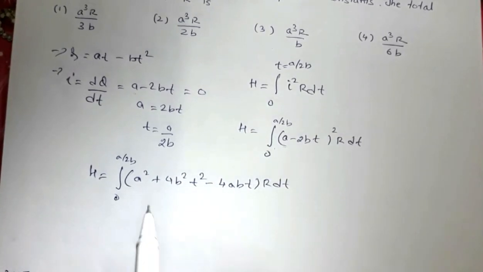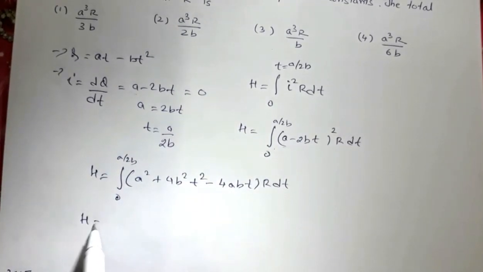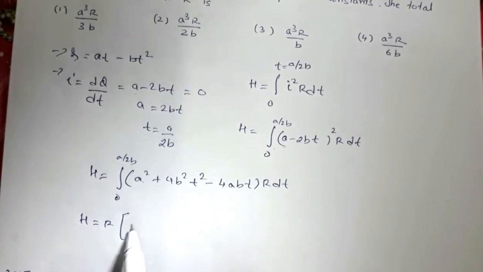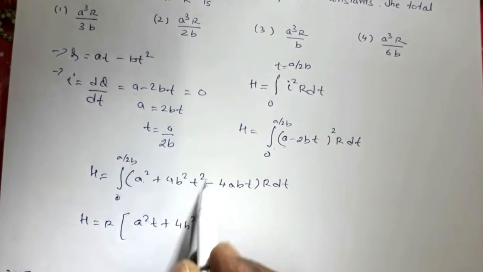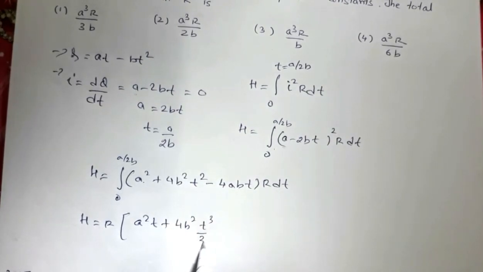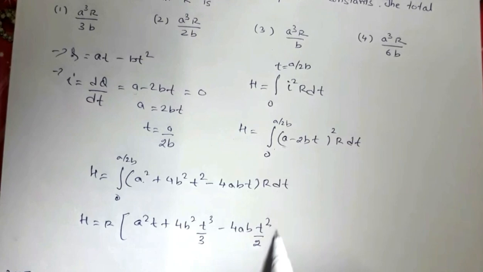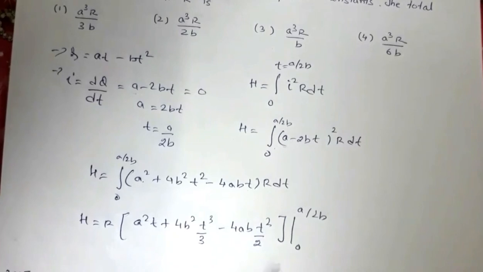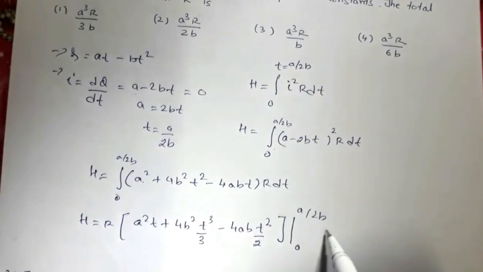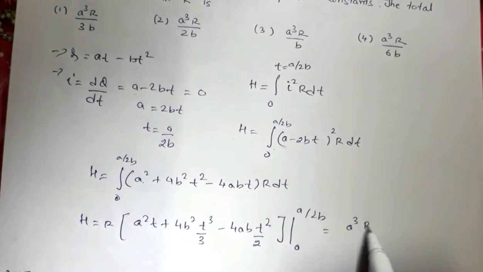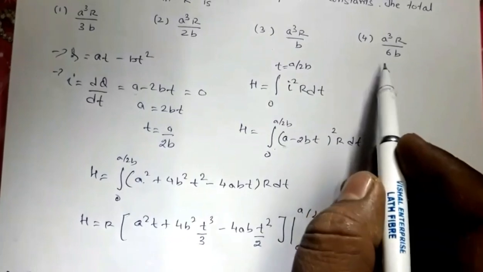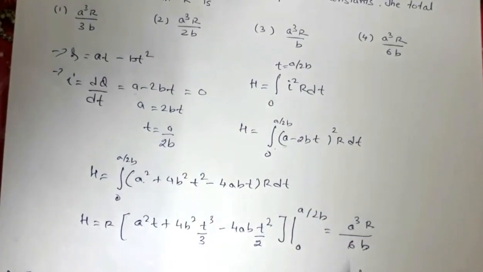Now if I take R as constant, this reduces to H = R [a²t + 4b²t³/3 - 4ab t²/2], and the limit is from 0 to a/2b. Now substituting this limit, we obtain a³R/6b. That is option number 4, so this option is the correct answer. So this is how you have to solve this question.